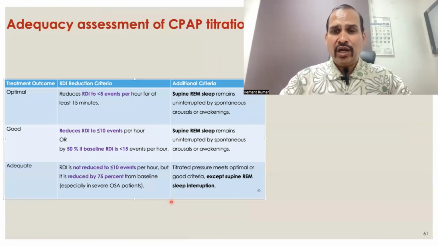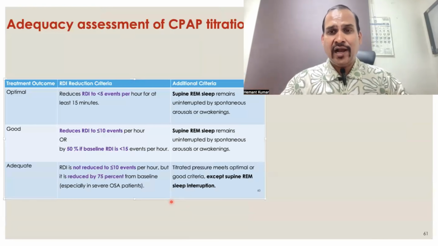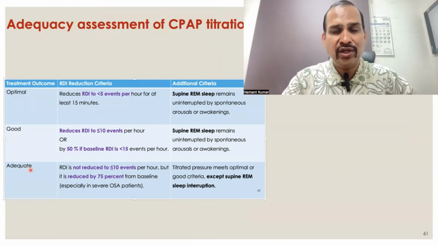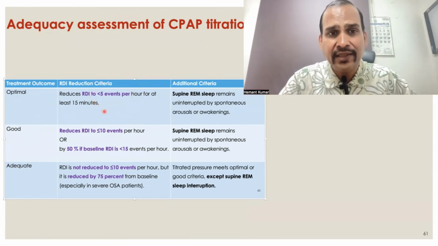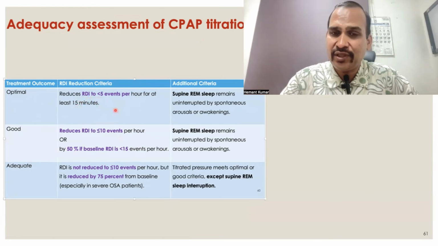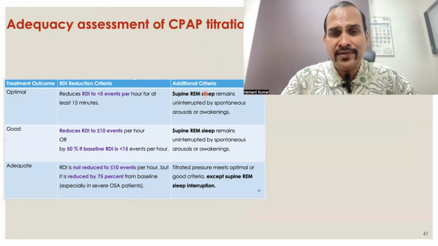Okay. So after titration, after comparing all parameters, we have to see whether our titration was optimal, good or adequate. When to say optimal? When RDI is reduced to less than 15 events per hour for at least 15 minutes. Okay. But mind you, the patient should have supine and REM sleep.